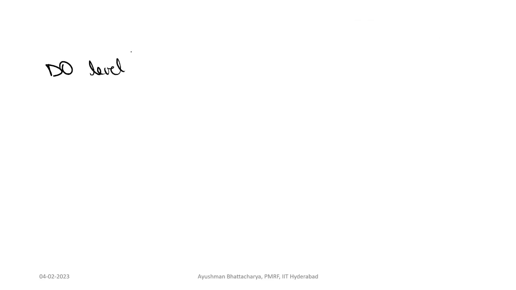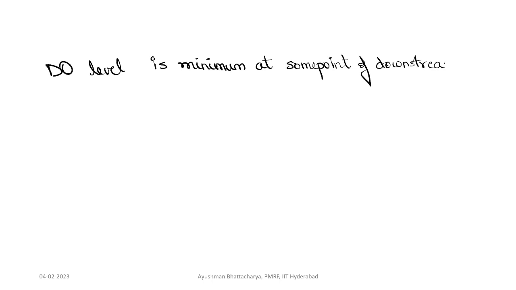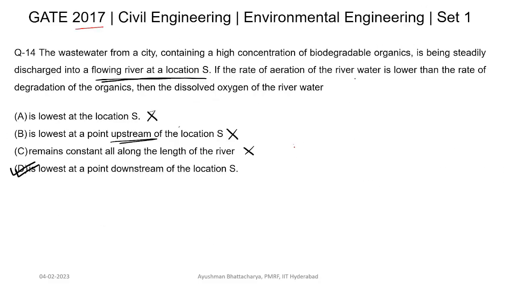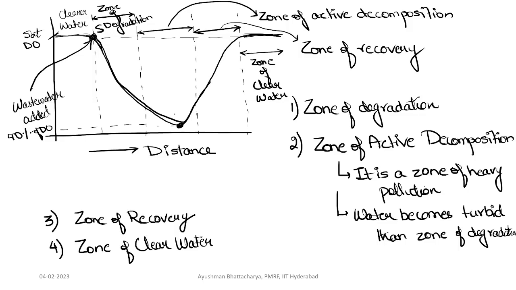So basically the DO level is minimum at some point downstream of location S. In the question they are saying the rate of aeration of the river water is lower than the rate of degradation.